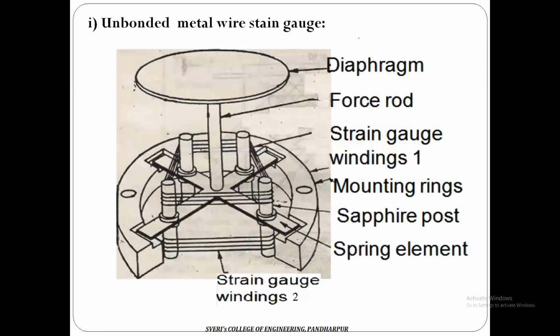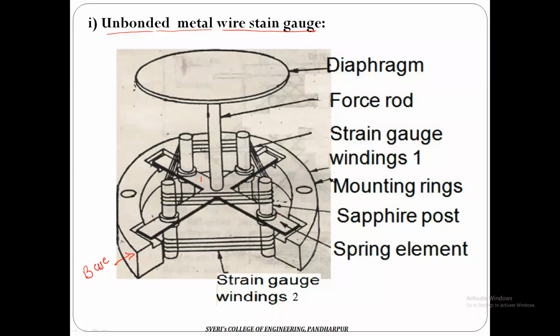Now see, if you observe, this is the unbonded metal wire strain gauge. Let's look at its construction. The first thing is the C-shape base, this is the base. On that C-shape base, one spring element is mounted, and on this mounted ring there are two strips.